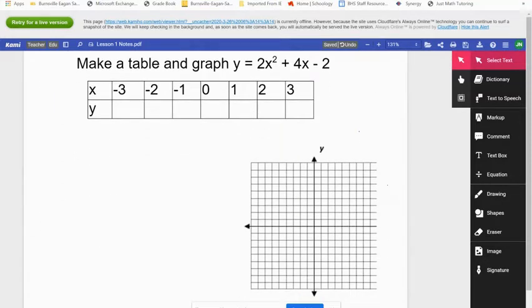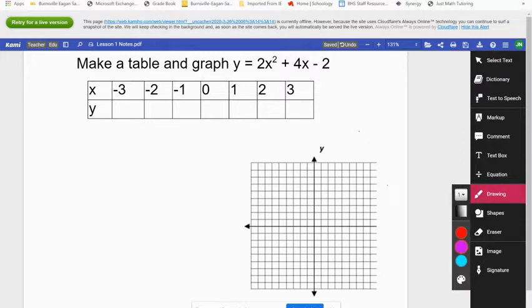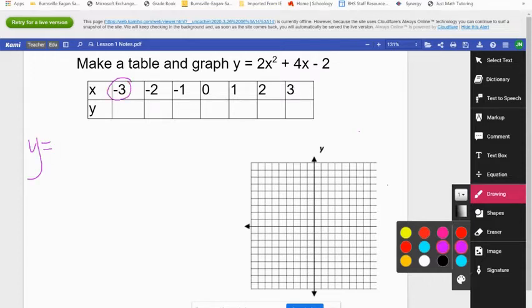So let's say I want to make a table and a graph for y equals 2x squared plus 4x minus 2. And we want to plot quite a few points so that we can see that U shape happening. What I'm going to do is plug in these x values one at a time. For my first y value, I'm going to plug in -3 for all of my x's.